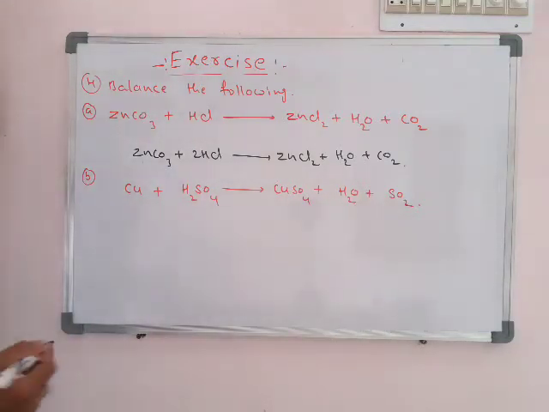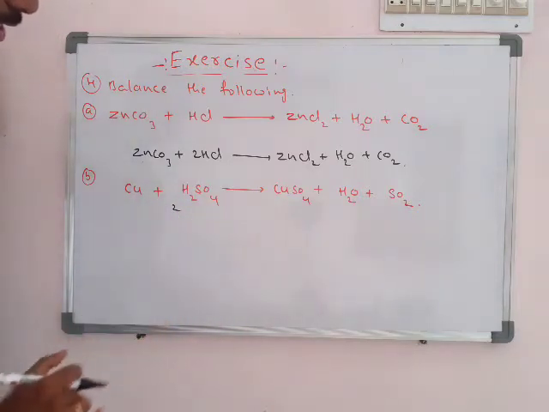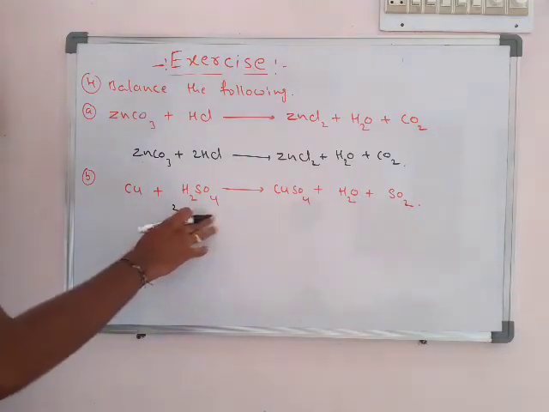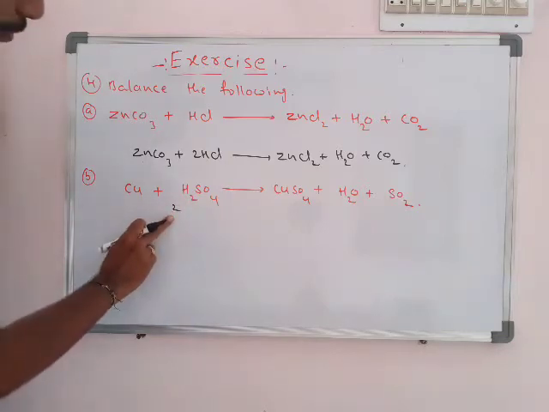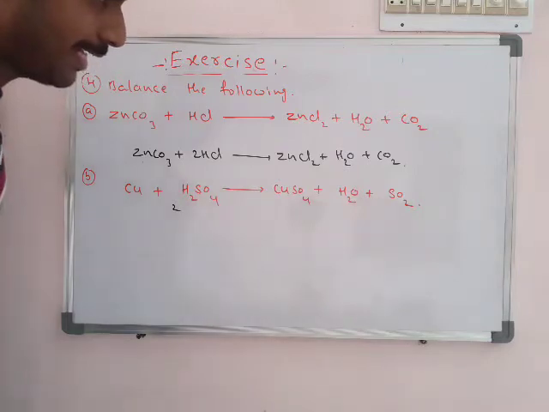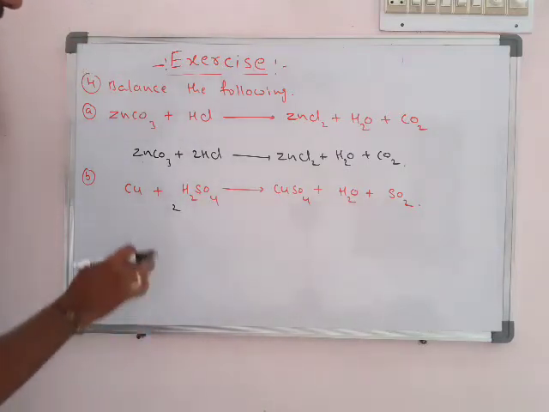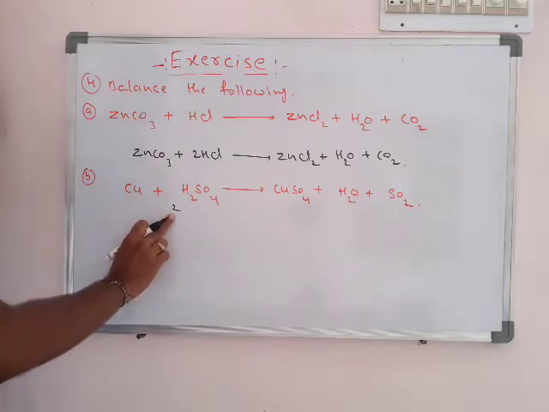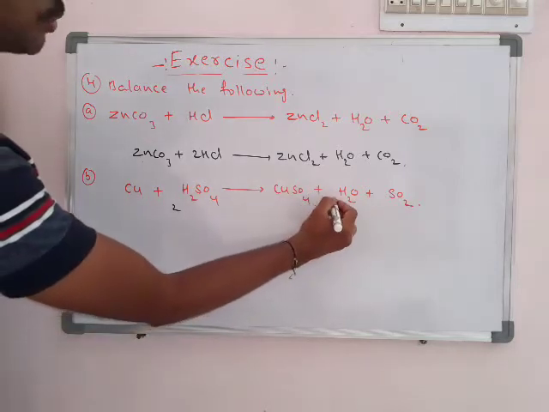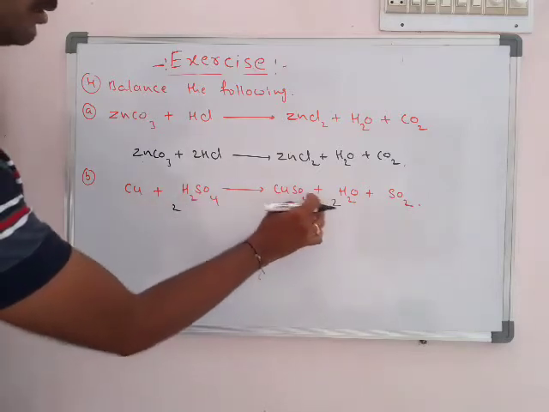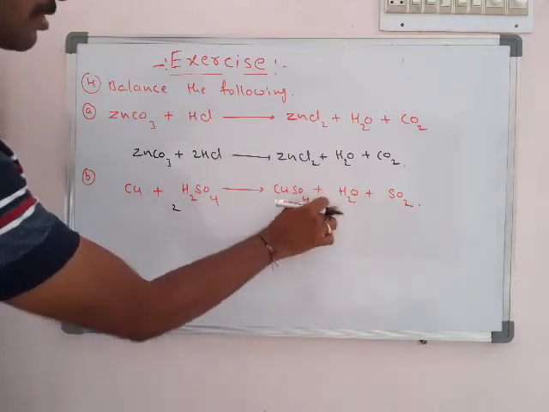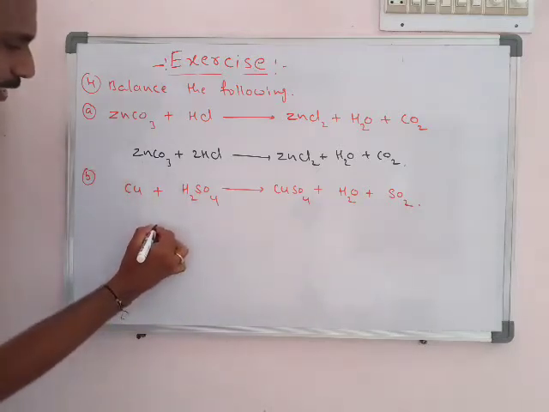So to balance the sulfurs, I put 2 here. For this, oxygens become 8 and hydrogens become 4. Just by putting 2 here, hydrogens also become 4, and oxygens 4 become 8: 4, 5, 6, 7, 8. So oxygen also is balanced, just by guessing.